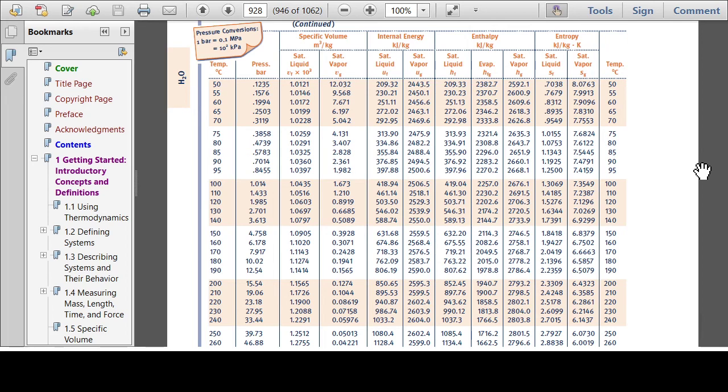The top of this column says that Vf is multiplied by 10 raised to power 3, which means the entire column is multiplied by 10 raised to power 3. So Vf is actually 1.0797 into 10 raised to power minus 3. So copying all of this over here.